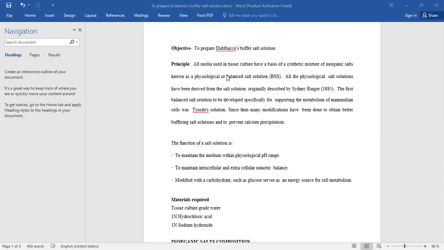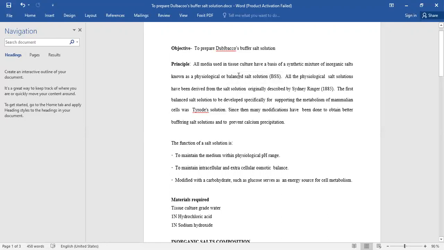because these are not the media, they are not the nutrient media, but they are only providing the salts so that the salts in the animal cell can be maintained. So the only reason we are adding the balanced salt solution is so that the salts of the animal cell should be maintained and their osmotic balance should be balanced.